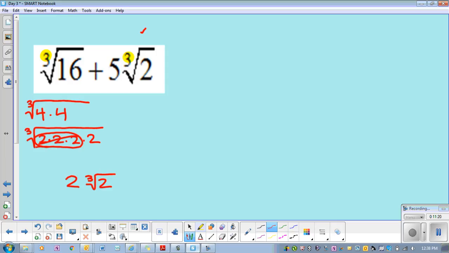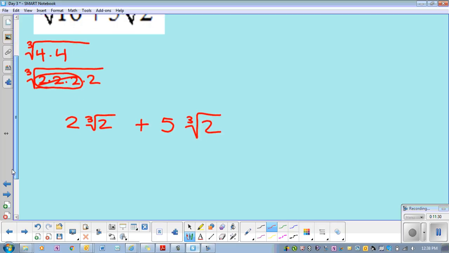And then plus my second one, which is 5 cube root 2. So now, can I add them? Yes, because these are the same. So now it's 7 cube root 2.